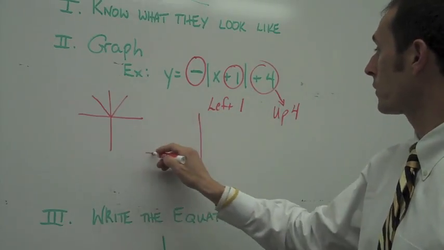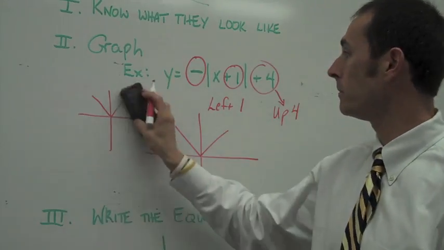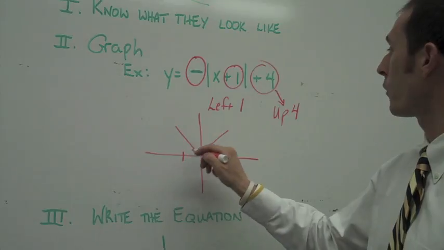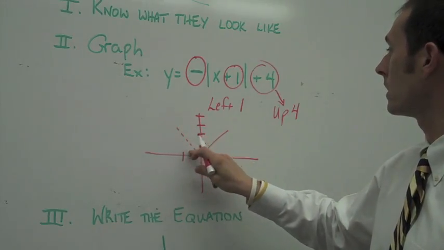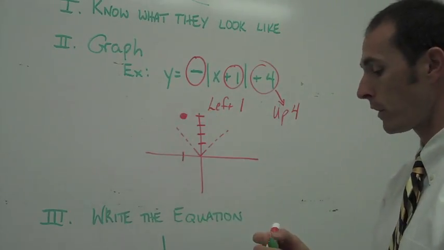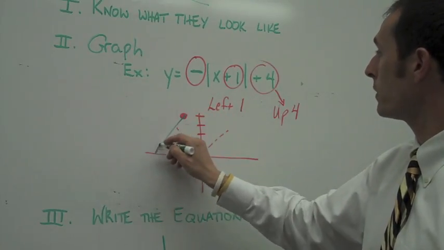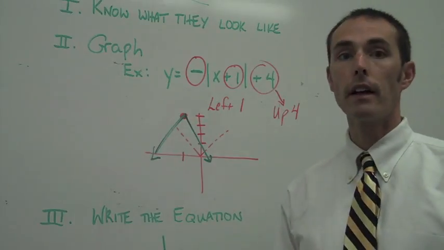So we start with the parent graph, the absolute value, right? We're going to be shifting that 1 unit to the left, 4 units up, and so the new graph needs to be right there. However, it needs to turn upside down, right? So that pivot point would really be at (-1, 4). And there's your finished product.